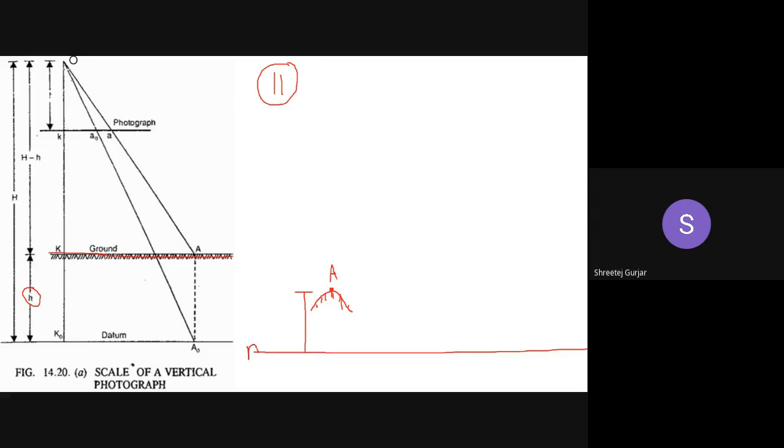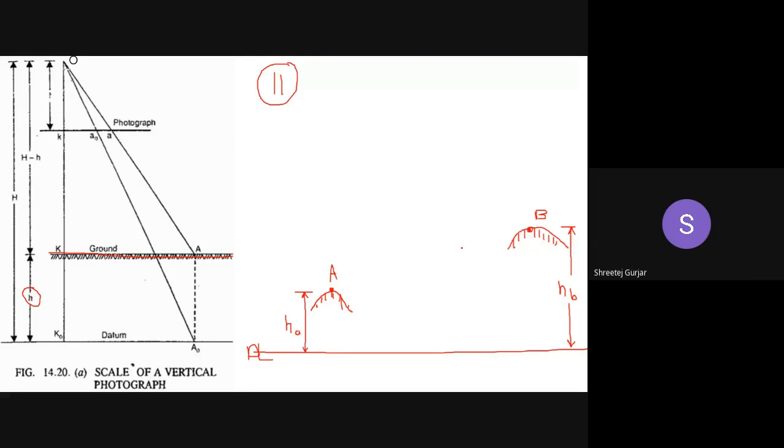From this datum line, this is at a height small h A. Now I will take a second point B over here, which is not at the same elevation as A. This is the ground level. This is point B, and this particular point is at a height small h B from the datum line.